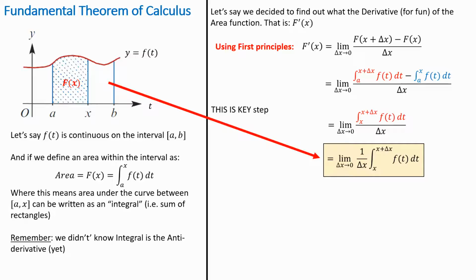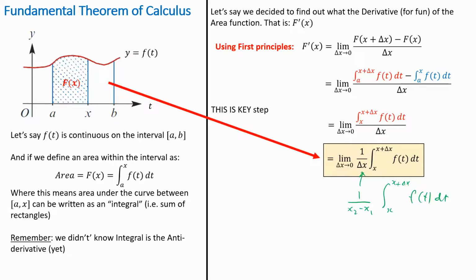This right here is what we knew yesterday, because delta x, another way of writing this is 1 over x2 minus x1 multiplied by the integral of f of t. This is your average value. That's what we were doing yesterday.